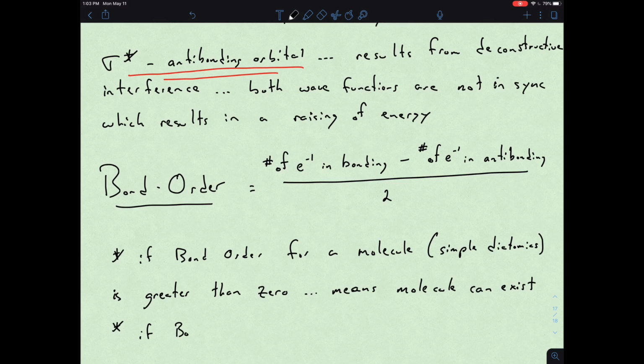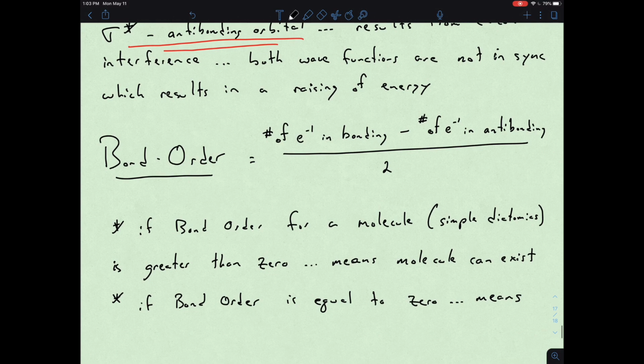If your bond order, though, is equal to 0, that simply means the molecule can't exist.